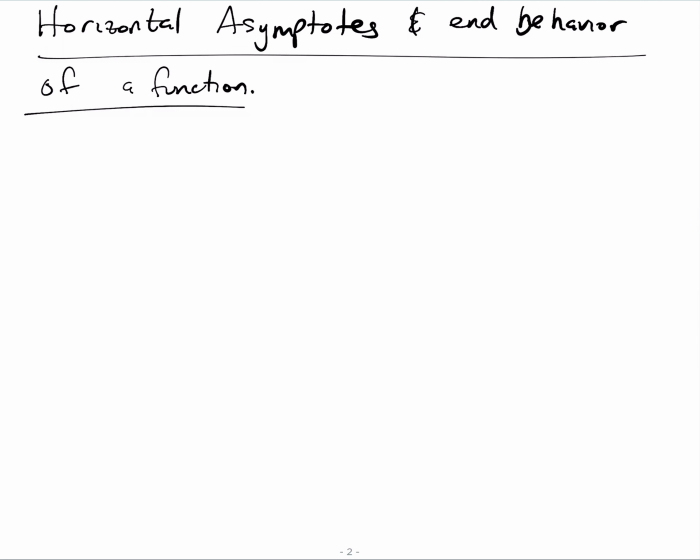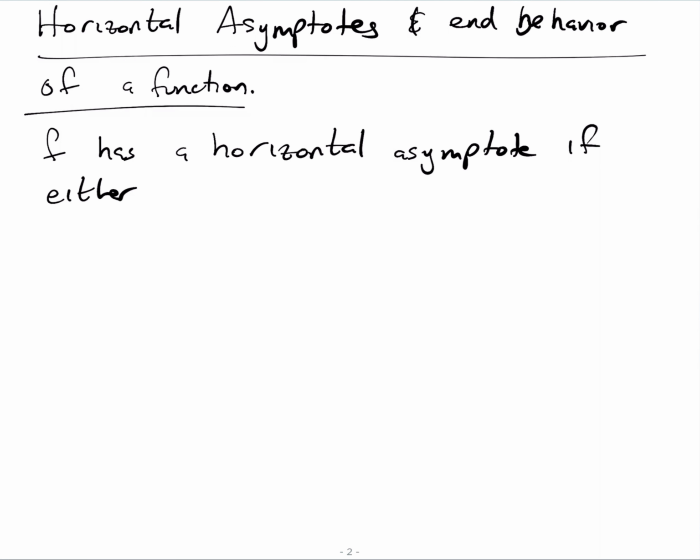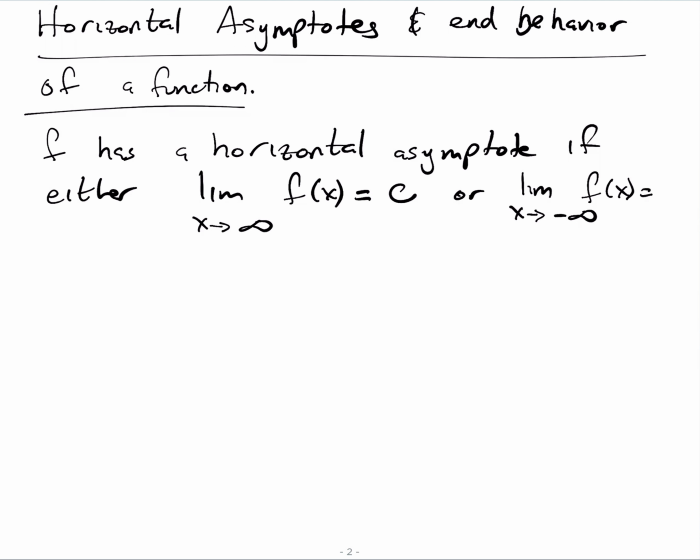So f has a horizontal asymptote if either the limit as x goes to infinity of f of x is equal to some constant c, or the limit as x goes to minus infinity of f of x equals c, where c is some constant.